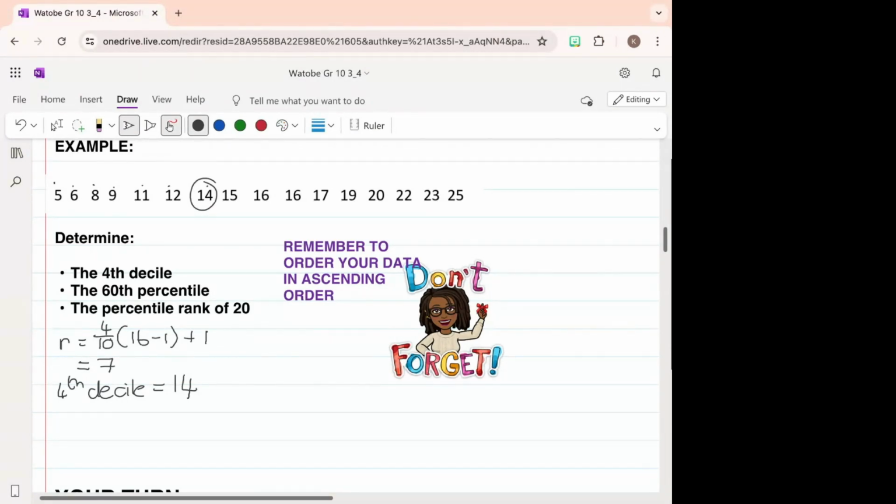Okay, let's do the next one. So that was number 1. Let's do number 2. Number 2, we're looking for the 60th percentile. So R equals 60 over 100, open brackets, 16 minus 1 plus 1. Go calculate that, guys. What's 60 over 100, brackets, 16 minus 1 plus 1?